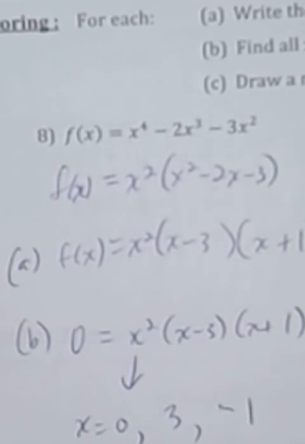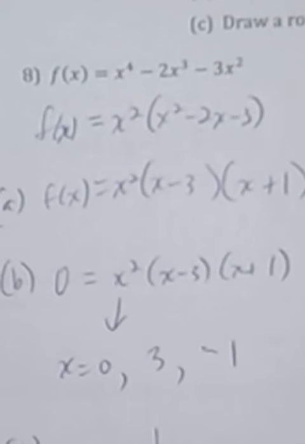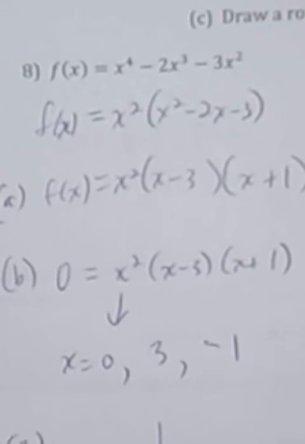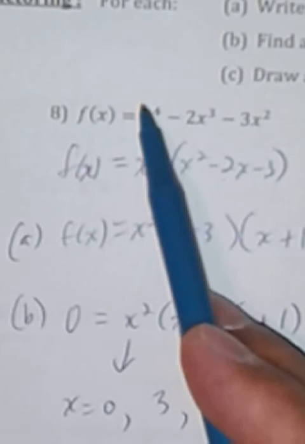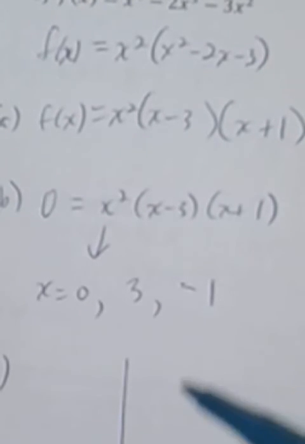All right, and then finally C, I'm going to draw a rough sketch. So I want to remember the multiplicities. The zeros are at 0, 3, and negative 1. This is degree 4 with a positive leading coefficient, so it's going to follow the shape of a parabola with a positive leading coefficient.